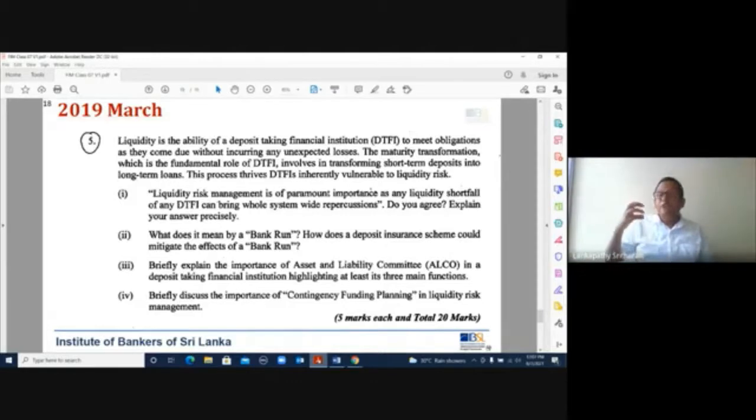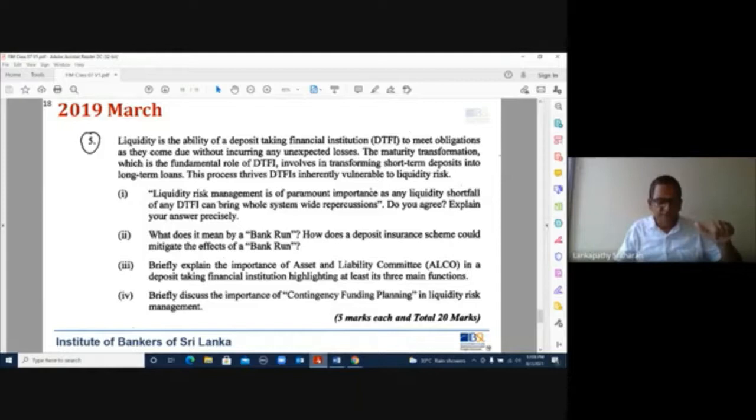It means if one bank does not meet its obligations, then customers will lose confidence in that particular bank, and that may create an adverse impact on confidence in other financial institutions also. Then all the customers will rush to all the banks and ask for their money.